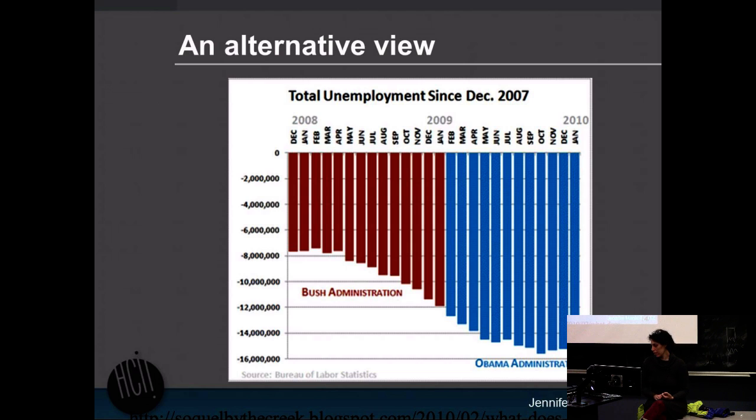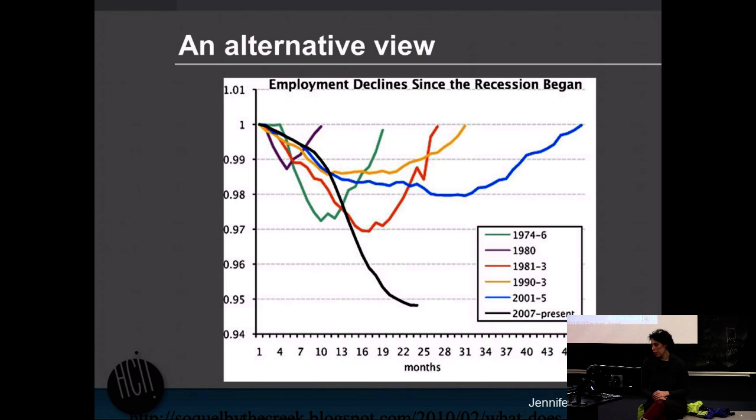Here's a final one, which is showing employment since the recession. And it's overlaid different decades or portions of decades. And when you look at this, the interesting thing here is this line is 2007 to present. I forget what present was when this chart was generated, right? Versus all of these other ones.